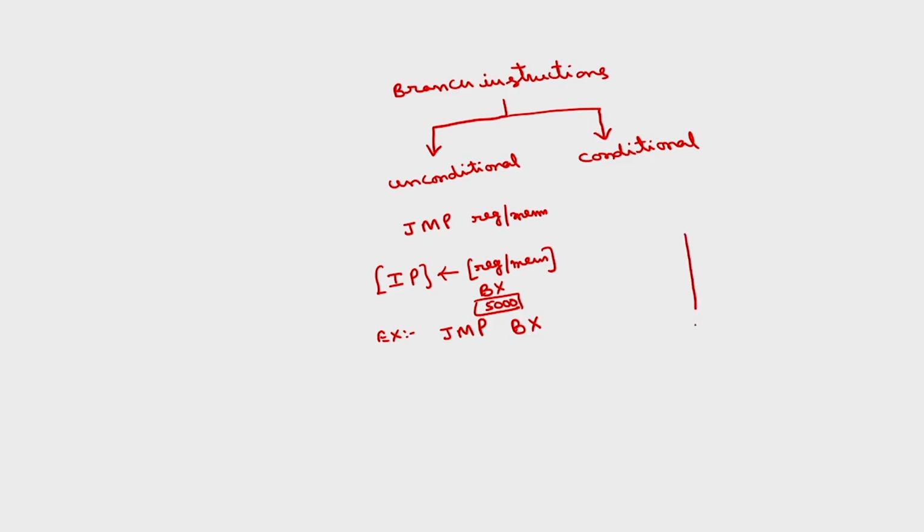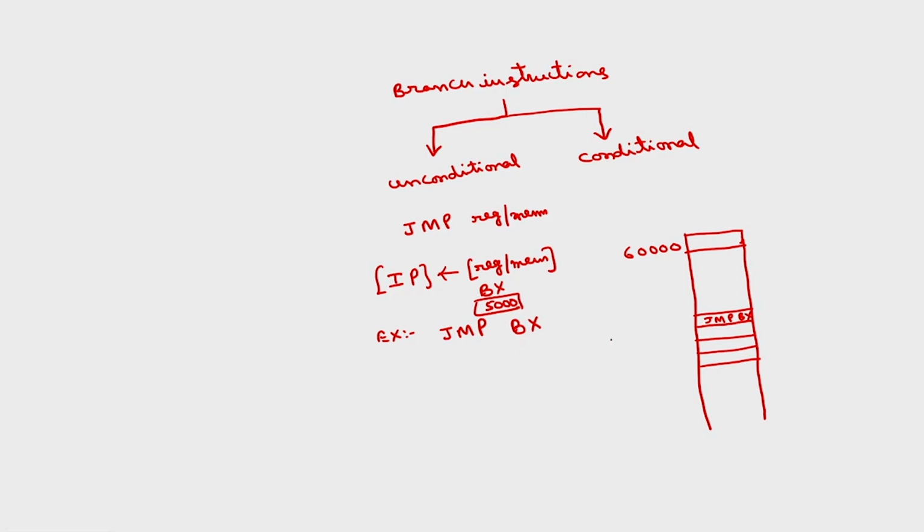So this is the code segment, and the microprocessor is executing the instructions one by one. This is the starting of the code segment, say 60,000 H. Suppose the microprocessor is executing this jump instruction, JMP BX, and BX contents are 5000.